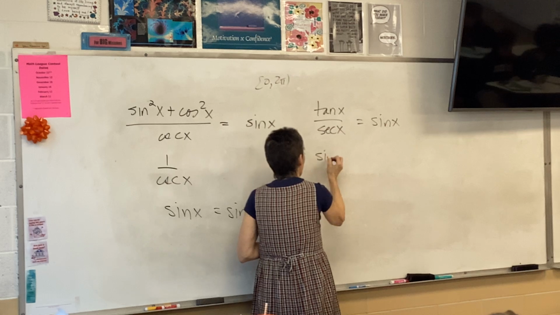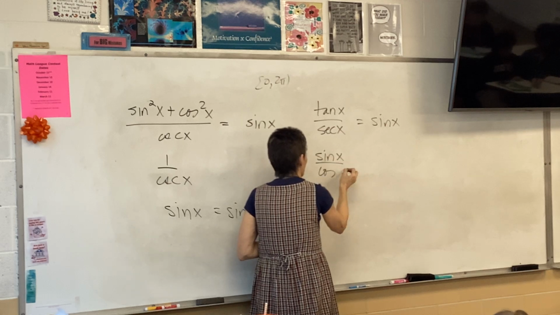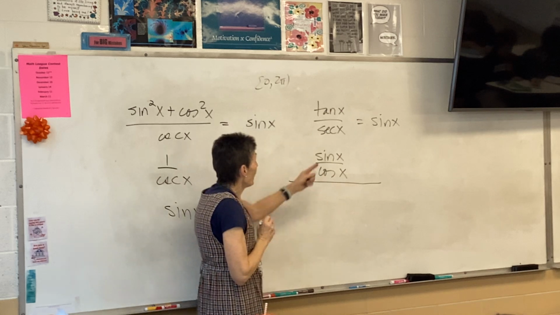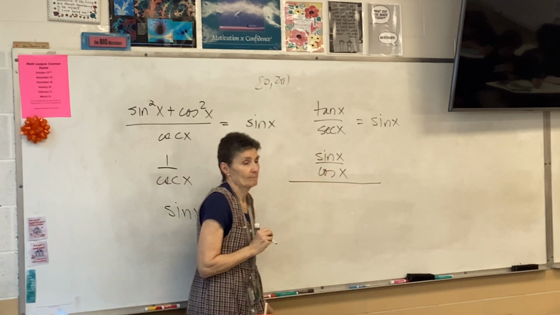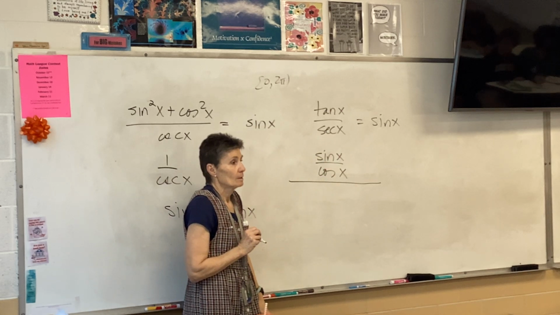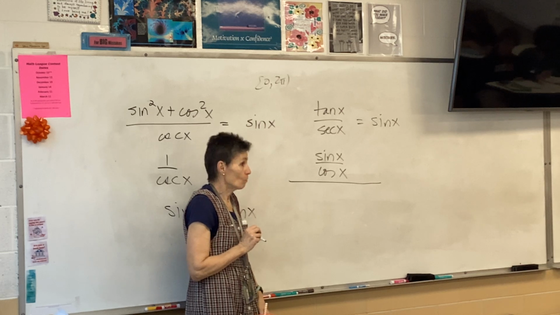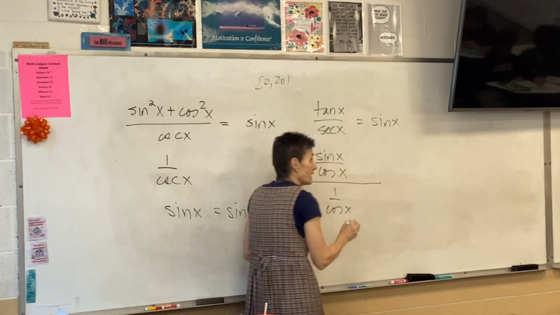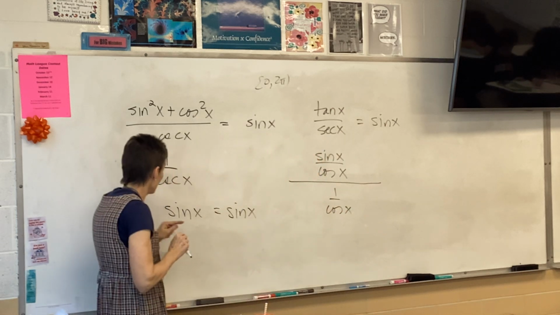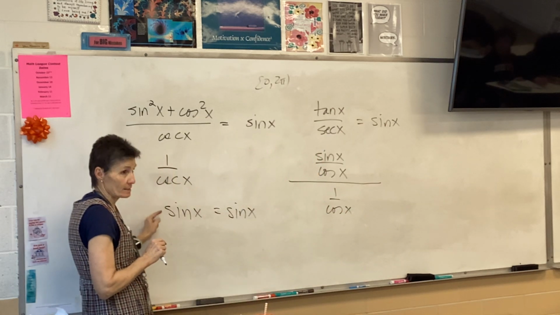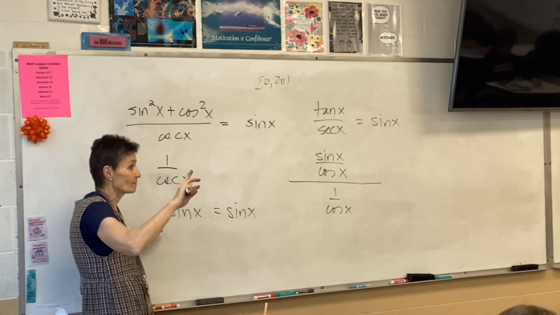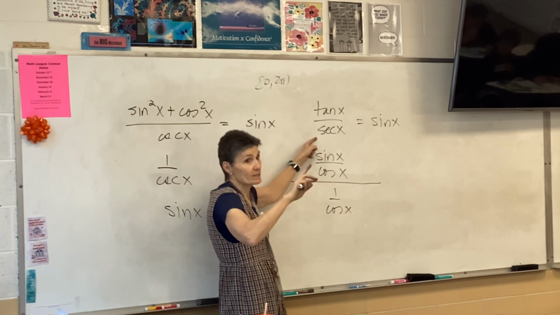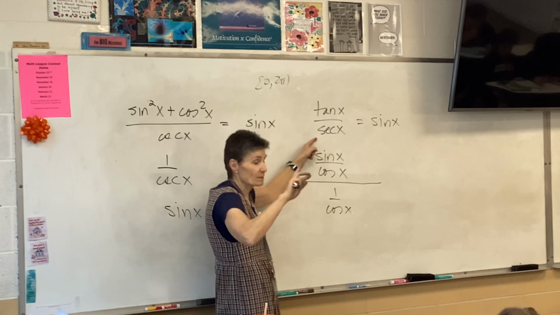So this is sine over cosine over, what is secant? Secant is 1 over cosine. So guys, just like 1 over cosecant is sine, because they're reciprocals, 1 over cosine is secant, they're reciprocals. That's what reciprocals are.